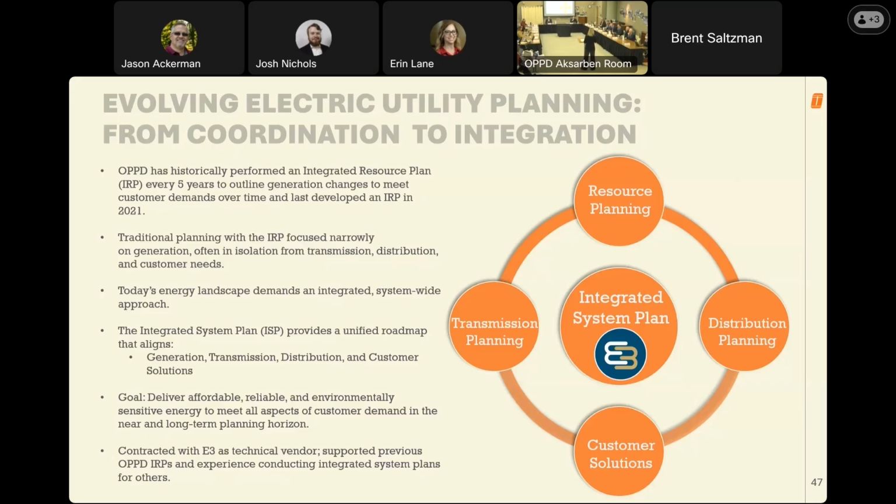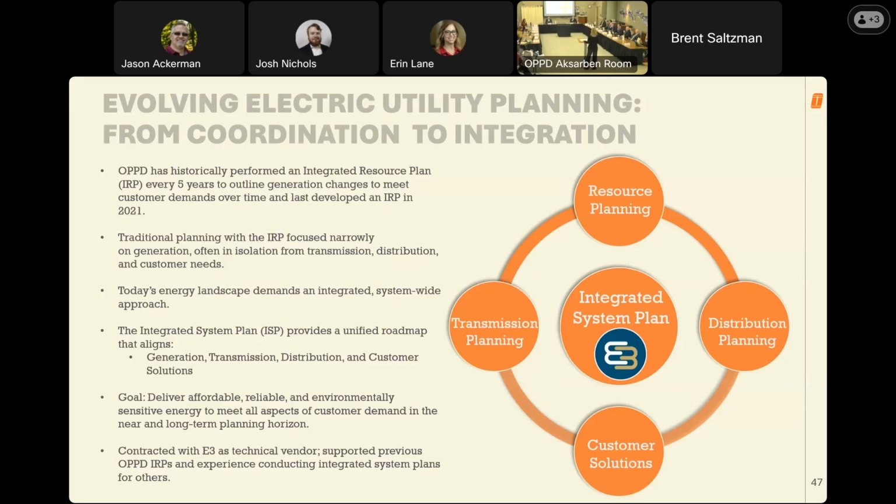You'll note here that both the WAPA requirement and our previous submittal, we're using the term integrated resource plan, and now we're coming to you today saying integrated system plan. This is quite intentional and we think very valuable. In the past, utilities have almost exclusively conducted this type of analysis and this type of study by looking at generation and the utilities' generation needs in isolation without considering the needs of transmission and distribution and customer or demand side solutions.